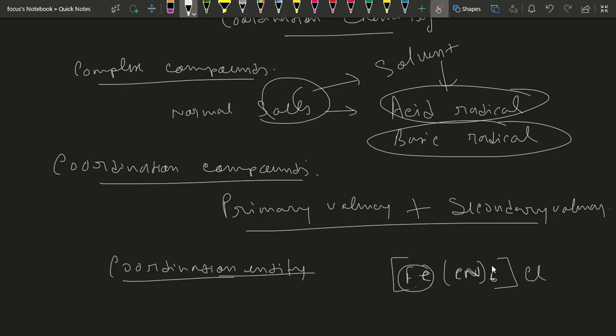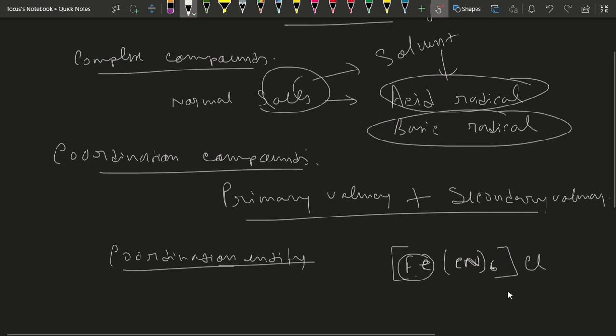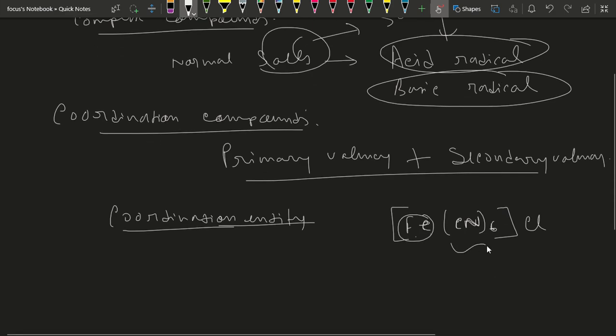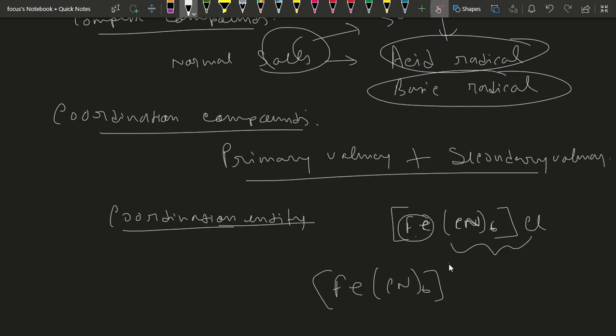What happens in this case is that when we dissolve this coordination complex, it will dissociate like normal salt, into the cation and Cl minus. This is similar to normal salt, but we can see that the coordination entity in the square bracket will not dissociate into two parts.